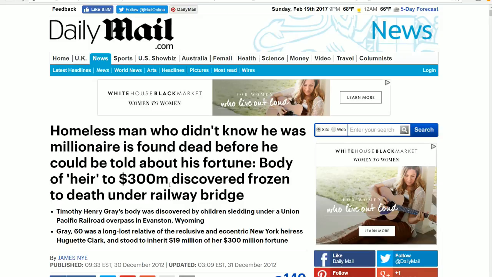Body of heir to $300 million discovered frozen to death under a railway bridge in Evanston, Wyoming," is where that occurred. And so you read this, and you have the students look through this article, and it's a really interesting article, and it's got history and everything. Very fascinating article. You can spend 5 to 10 minutes talking about it.